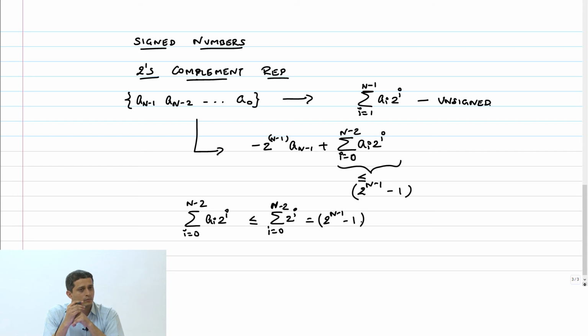Now, clearly, if the MSB, a n minus 1, is 1, then the number is going to be at most minus 2 power n minus 1 plus 2 power n minus 1 minus 1. Therefore, if that MSB happens to be 1, the number has to be negative. It cannot be a positive number. Okay.